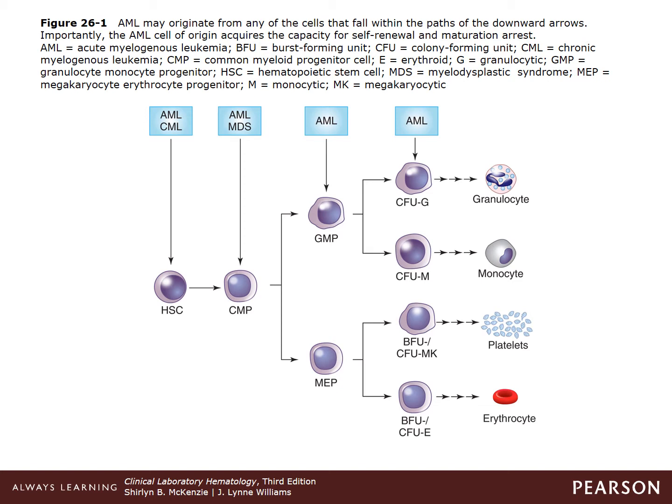Excessive proliferation can be the result of a mutation that affects growth factors, their receptors, or any kind of signaling pathway that leads to factors that increase the cell survival and the proliferation rate. The majority of genetic mutations identified with AML do involve those transcription factors and those signaling pathways, so things are turned on constantly.